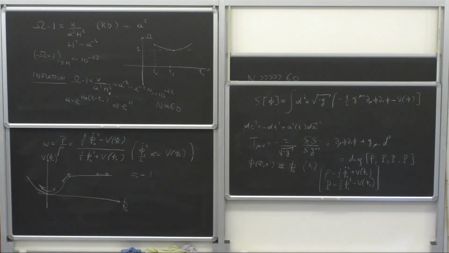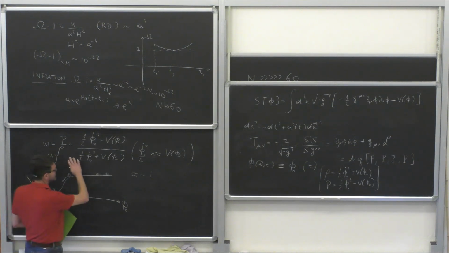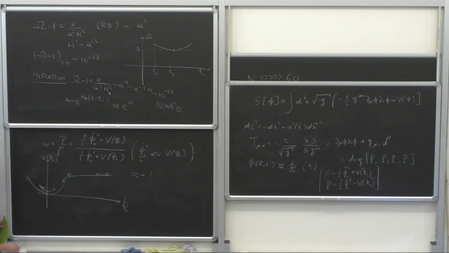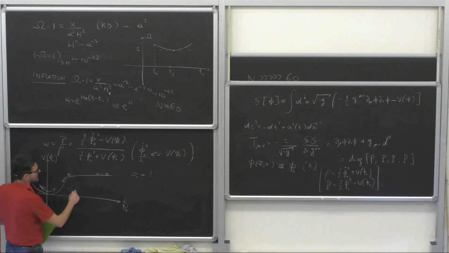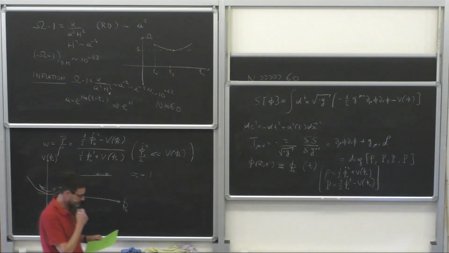An exact de Sitter period where the potential is exactly constant is the region where w is equal to -1 exactly, because the field is not moving, of course. But in this case, inflation will never end. So that's not the region that we are concerned with, because we want inflation to end.